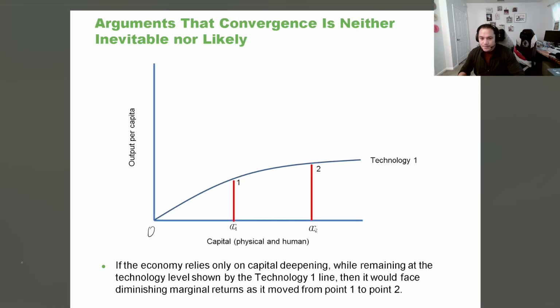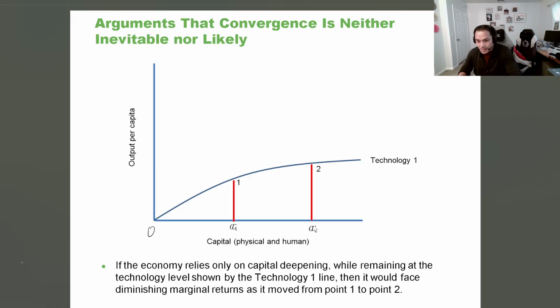Each unit of capital is getting us pretty big increases in our output per capita, up from 0 to 1. As we go from 1 to 2, we put in more and more capital, but each unit of capital is getting us less and less output per capita relative to what we got between 0 and 1.